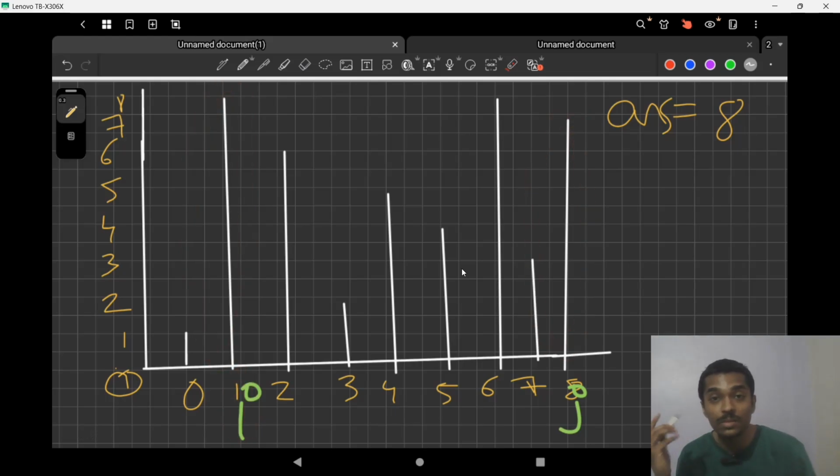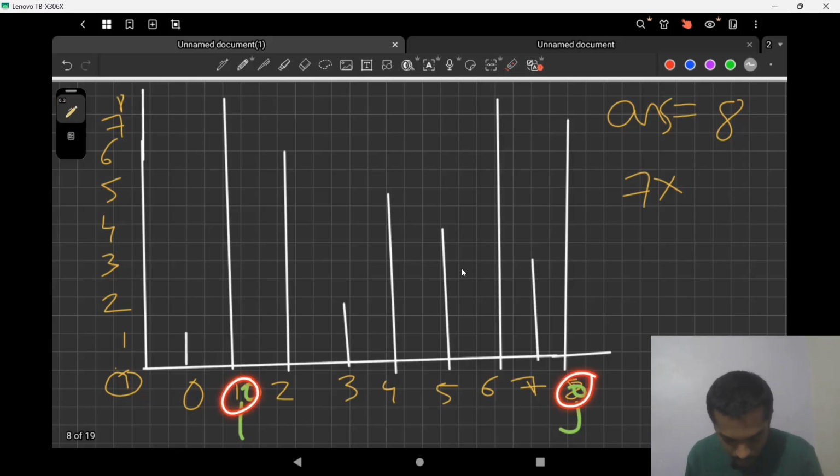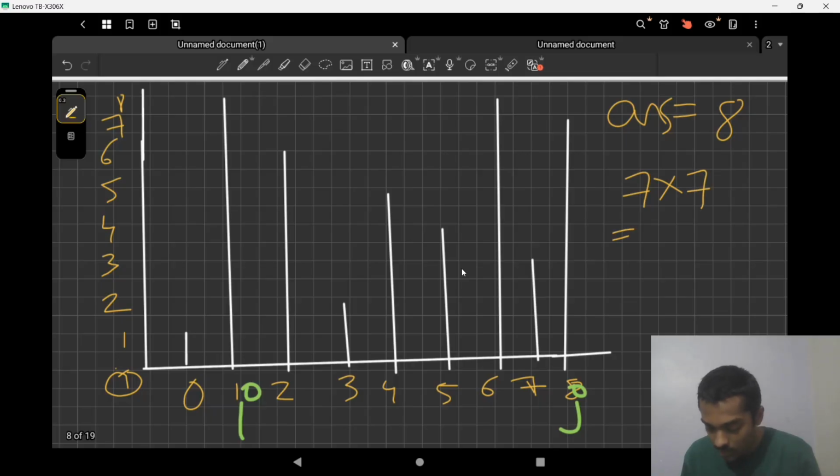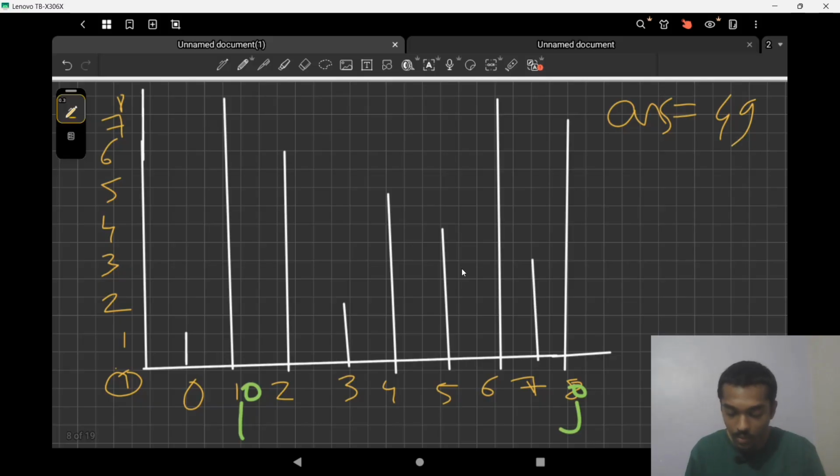The area is height into width, height is the minimum of both, which is 7, and width is j minus i, which is 8 minus 1, which is 7. 7 into 7 is 49, which is greater than our current answer, so we update it. Our answer is 49.